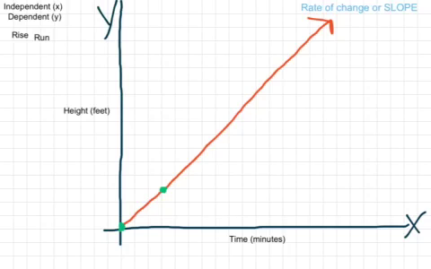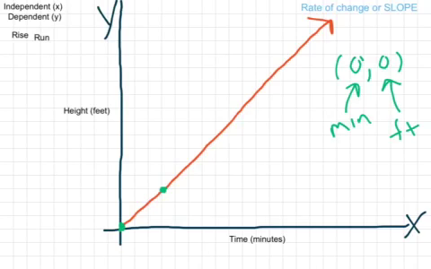Okay. So our origin is 0, 0. At 0 minutes, our squirrel has climbed 0 feet. And then I'm going to look at this point right here, which is 1, 2, 3, 3.